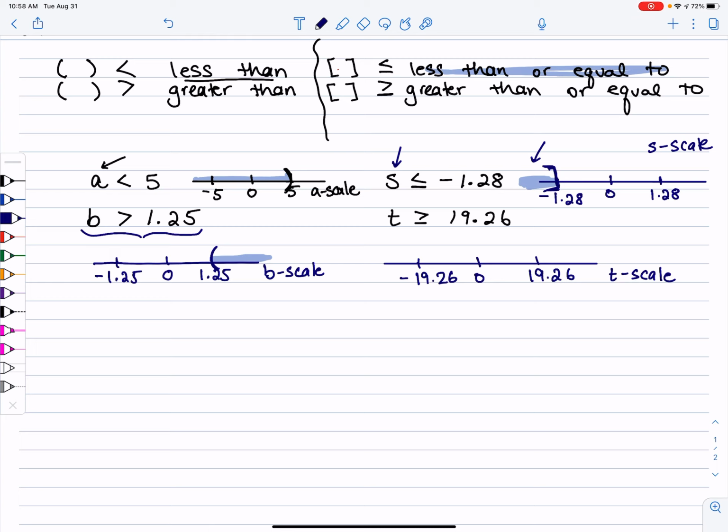And then we're looking for all of the numbers that are greater than or equal to 19 and 26 hundredths. Well, numbers that are greater are always numbers to the right. And we're going to use a bracket because we have a greater than or equal to inequality symbol.